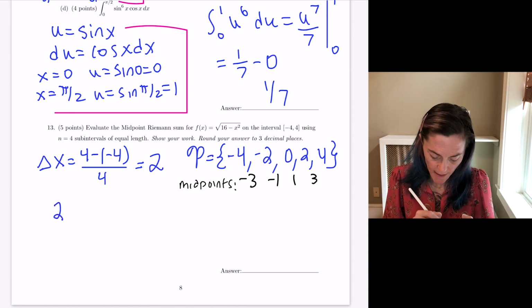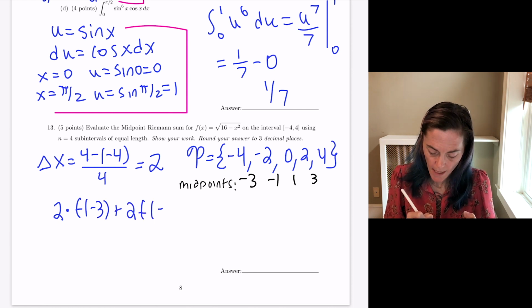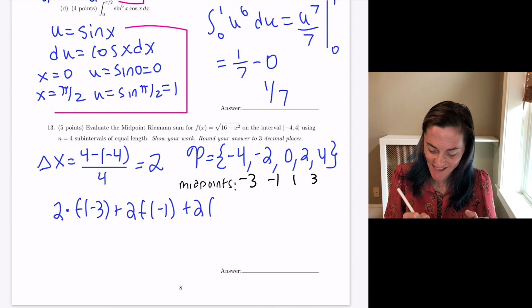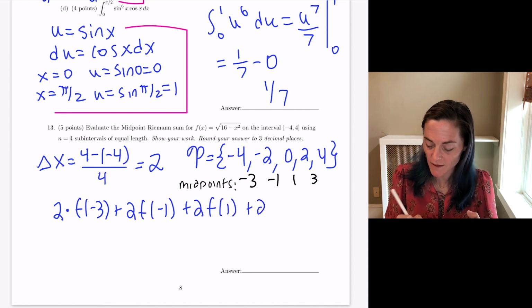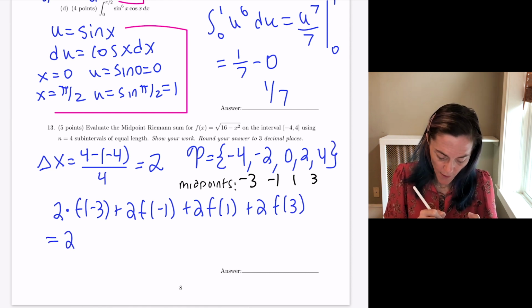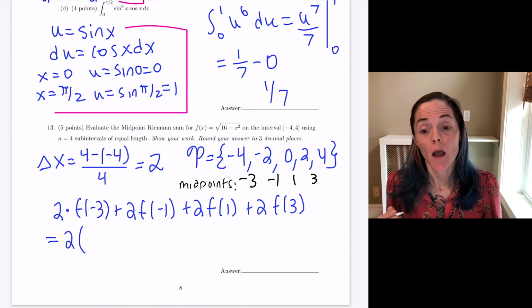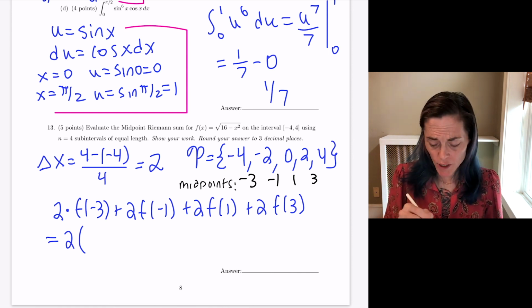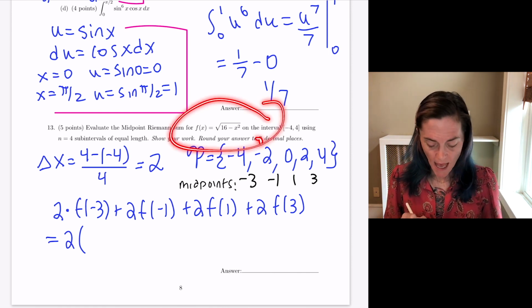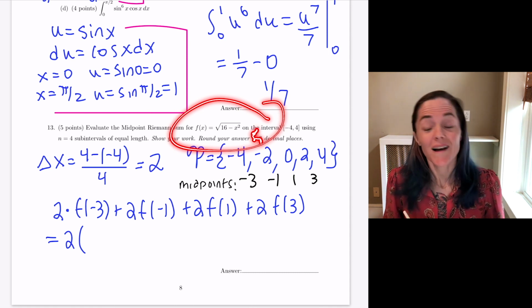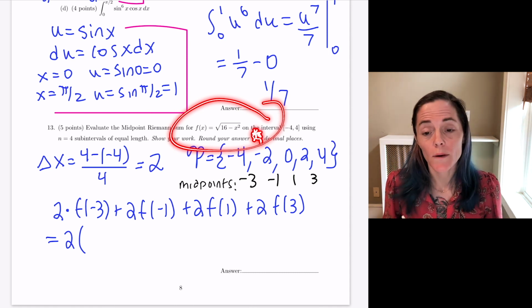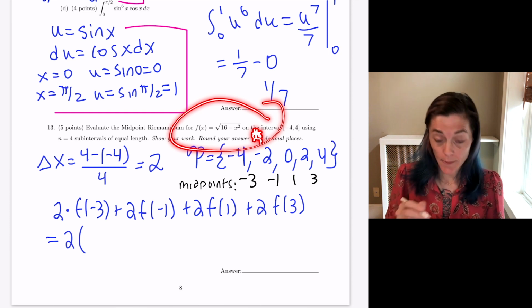Now we can jump into the Riemann sum. We have delta x times f of minus 3 plus delta x times f of minus 1 plus delta x times f of 1 plus delta x times f of 3. Well, I'll factor out a delta x from all of the terms. Now stare at your function. F of 3, and f of minus 3, same value, is the square root of 16 minus 9.